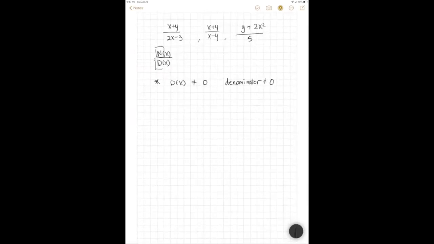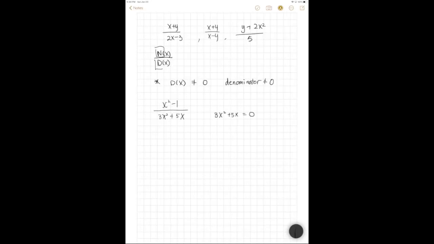For example, if I have a rational expression x squared minus 1 over 3x squared plus 5x, x can be any number. It can be 1, it can be -1, it can be 4, but there's one thing it can't be: whenever the bottom equals 0. So now let's solve it.